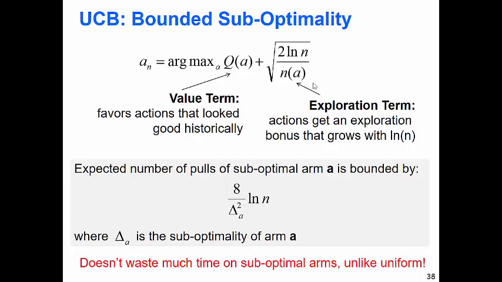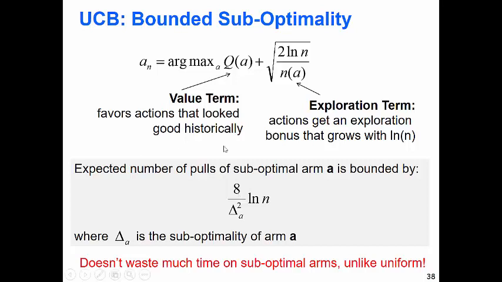These bounds do end up with constants. For example, here we have an 8. Where did that come from? It came from somewhere. And it's true, you might be able to improve on those constants with tighter analysis. In this case, I'm not sure, but this was a straightforward upper confidence bound. That's why it has its name.